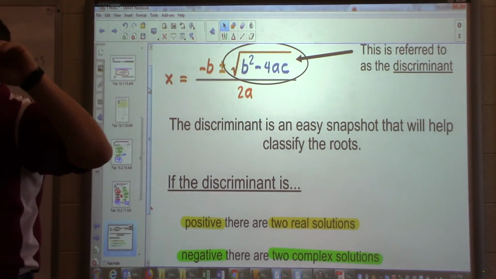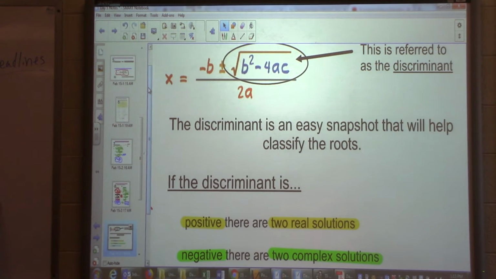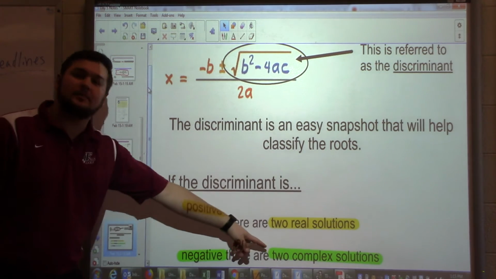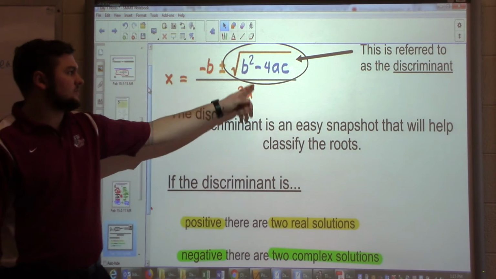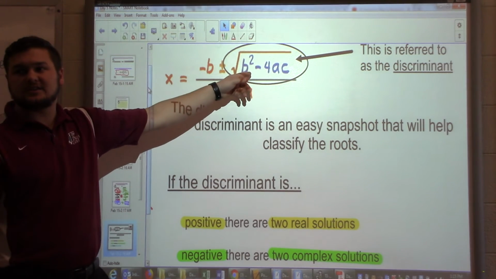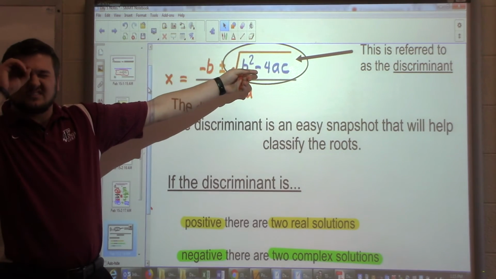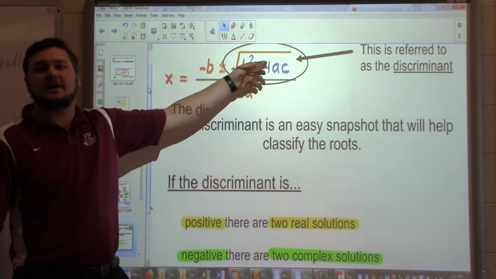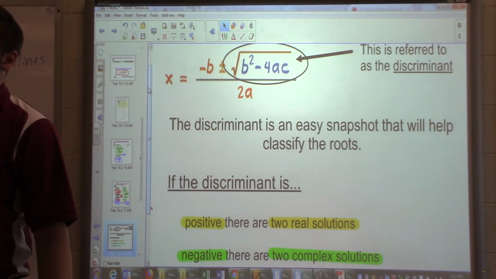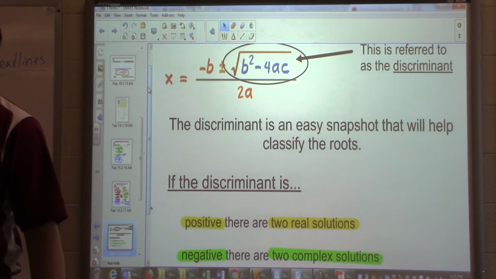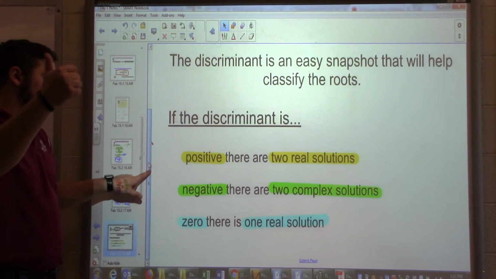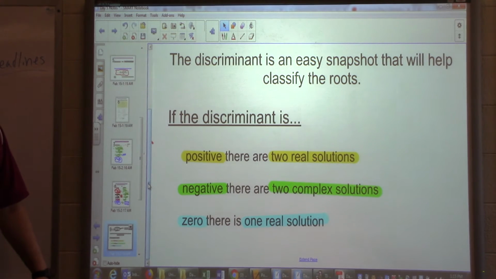It's going to be i, because we're taking the square root of a negative number. So that's why we get 2 complex solutions. And if it equals 0, then what does it come out to? What's the square root of 0? 0. And that'd be like plus or minus 0. So that's why we only get 1 solution. So that's the theory behind those. So positive is 2 real, negative is 2 complex, 0 is 1 real.